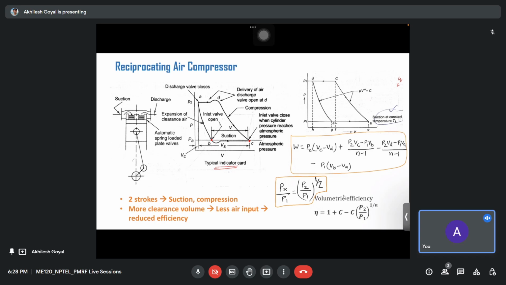Then the piston reaches the top dead center and the second cycle starts.